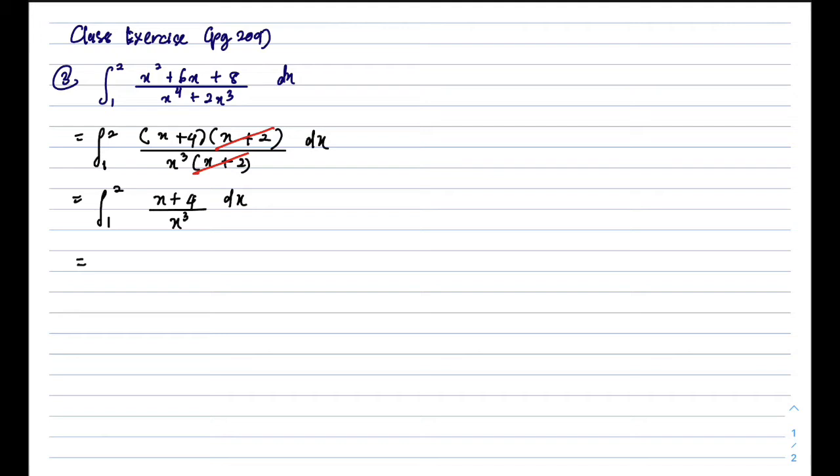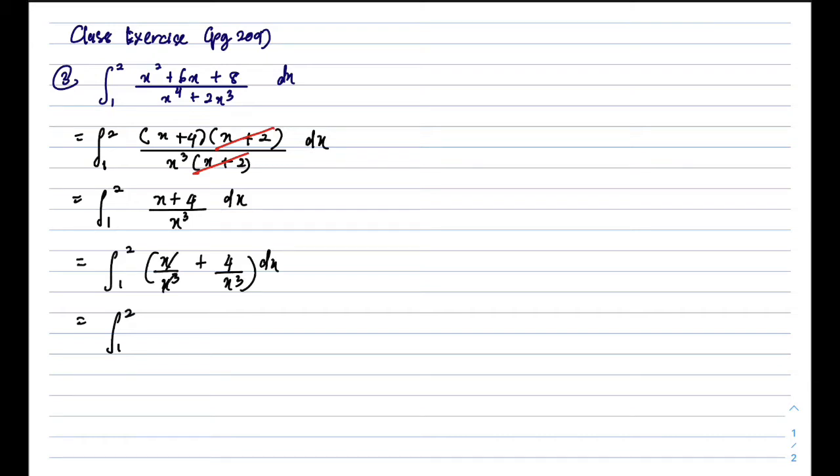Then we try to simplify, from 1 until 2, x over x cubed plus 4 over x cubed dx. So it is actually equivalent to this one.